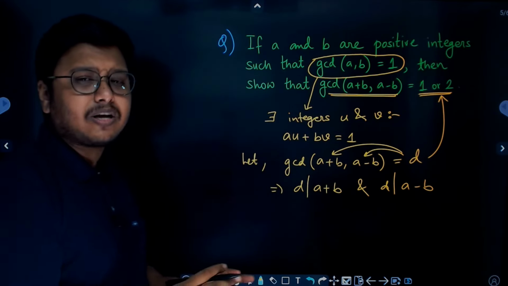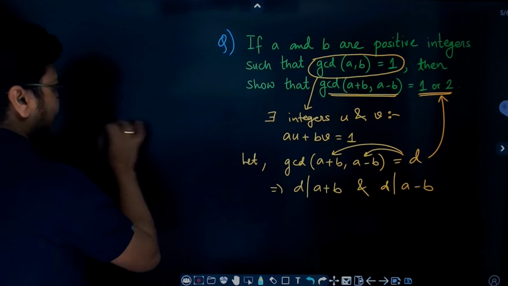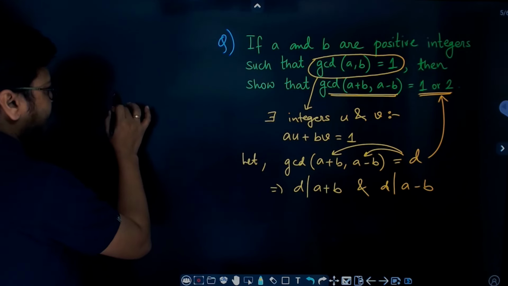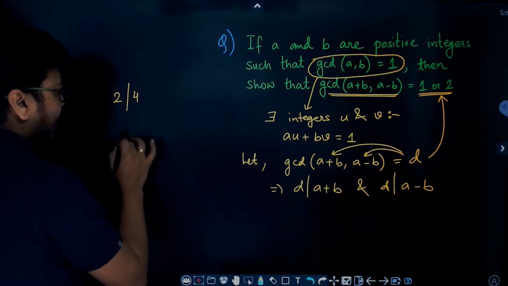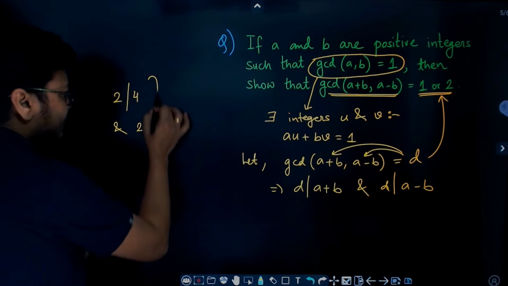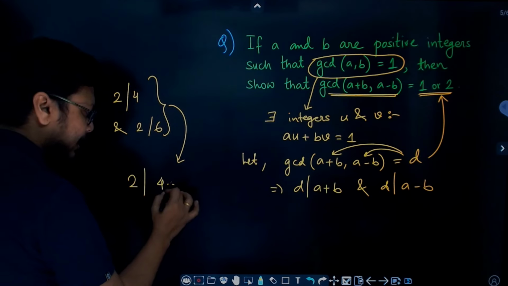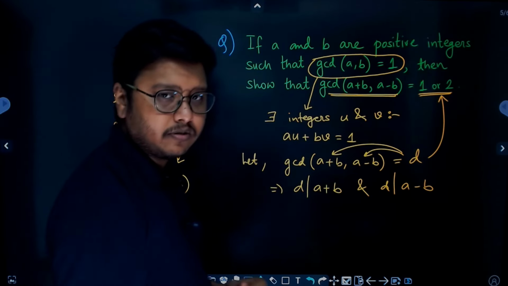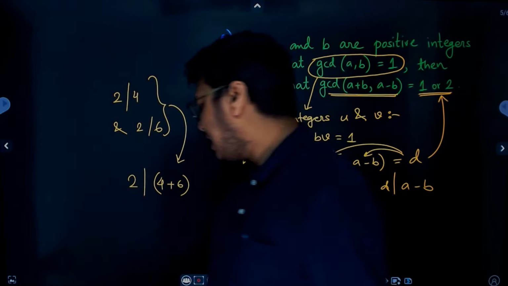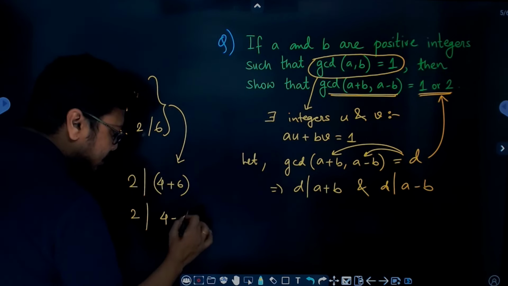Now let's come to a very simple concept of division. Let's take an example. If I say that 2 divides 4 and 2 divides 6, using this information, can I say that 2 divides the addition of these two numbers? Definitely yes. Can I say that 2 divides the subtraction of these two numbers?